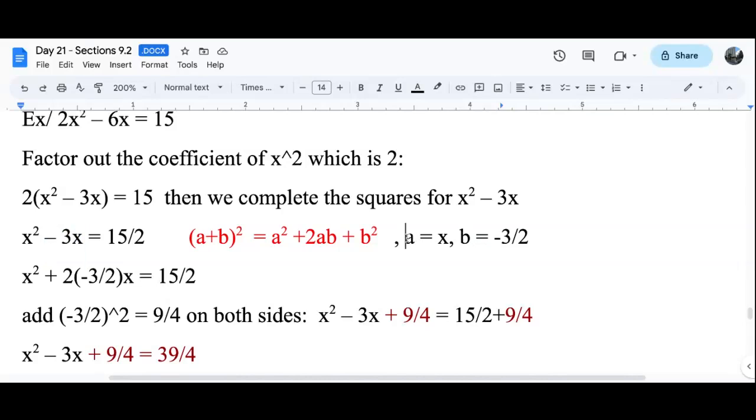Maybe I should write before this. So a equals x. Negative 3x equals 2ab. Well, a is x, right? A is x, so this is x, this is x. That means 2b equals negative 3, or b equals negative 3 over 2. I hope this makes sense.